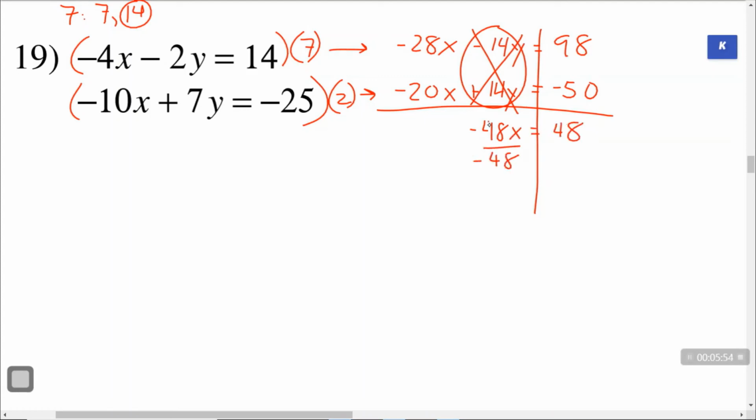And I can divide by negative 48 on each side. And I find that x equals negative 1. All right, plug it into the first equation here to figure out what my other variable is.